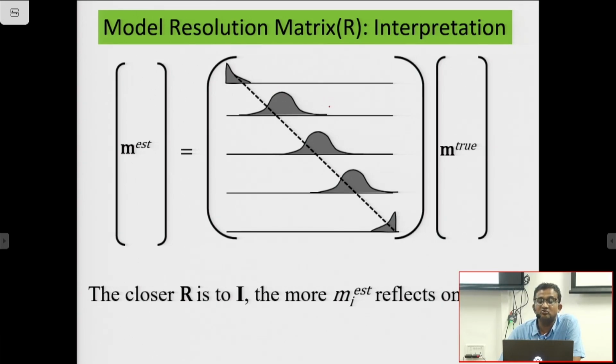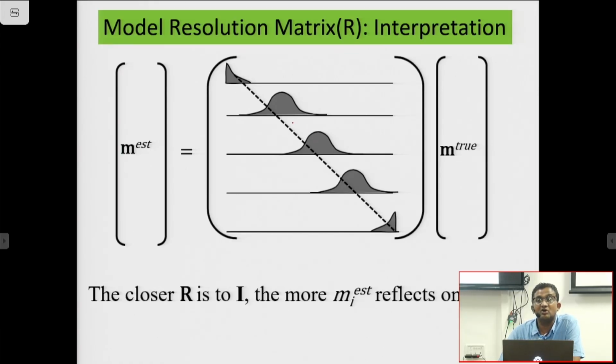So these values and their distribution, how far they are from the main diagonal, give you how the model parameters have been resolved in your inverse problem. That means if there is an inverse problem with many model parameters, some model parameters are resolved, some may not be resolved.